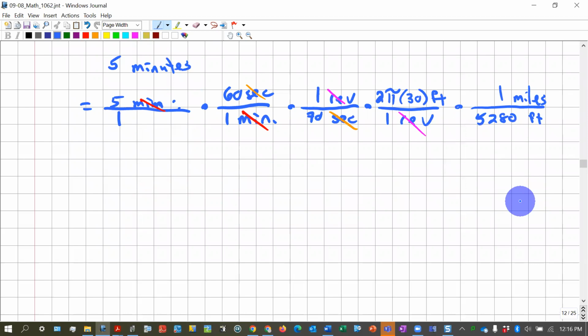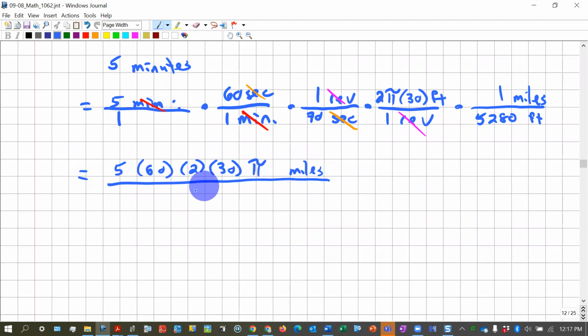So since we know we want the answer to the nearest whole number, again, if it helps, you can clean it up a little bit so you can see what you're doing.